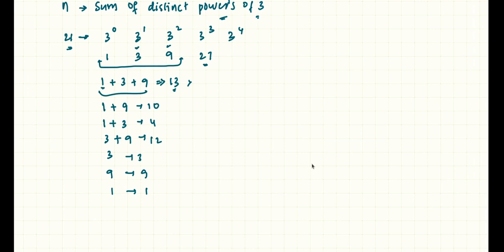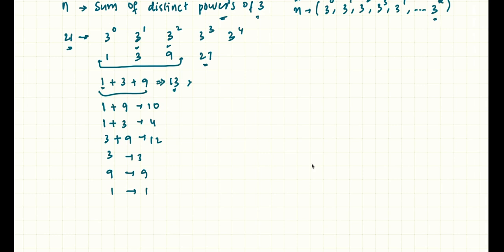So for any given number n, what numbers can be included to form a sum of n? Either we can include 3 power 0, 3 power 1, 3 power 2, 3 cube, 3 power 4, and so on up to some x.